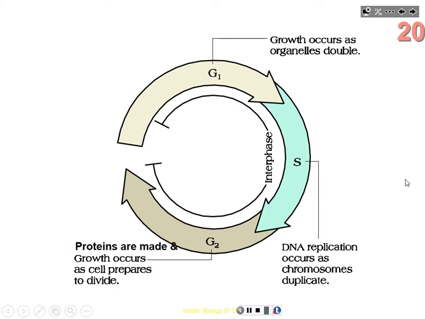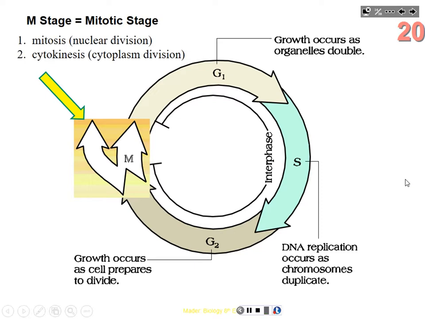Then we're going to go into the M stage, which is the mitotic stage. What did we say it consisted of? Mitotic stage consists of mitosis and cytokinesis. Exactly. Mitosis is when the nucleus divides. You would have a nucleus that divides and produces two nuclei, each nuclei having its half of each chromosome.